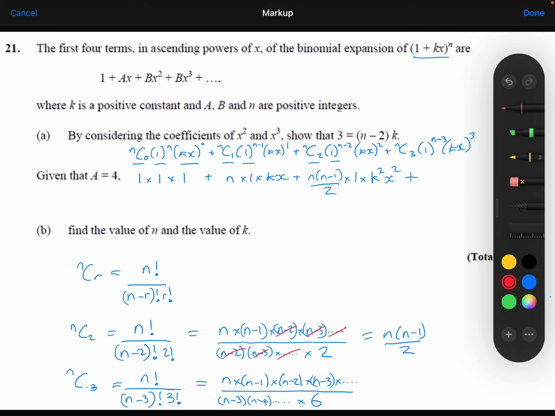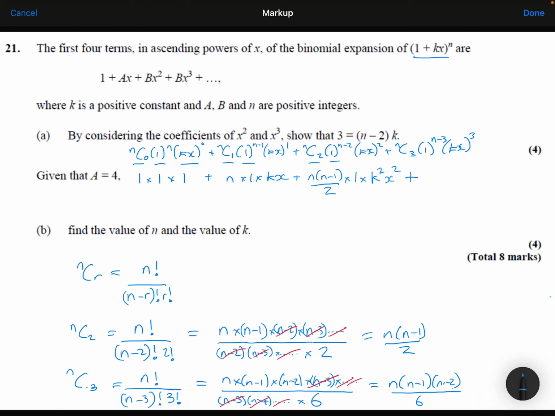The (n−3) will cancel with the (n−3), the (n−4) will cancel with the (n−4), and so on. So that simplifies to n(n−1)(n−2) over 6. That's my nC3. And then the 1 to the power n−3 is just 1, and the (kx) all cubed is k³x³.